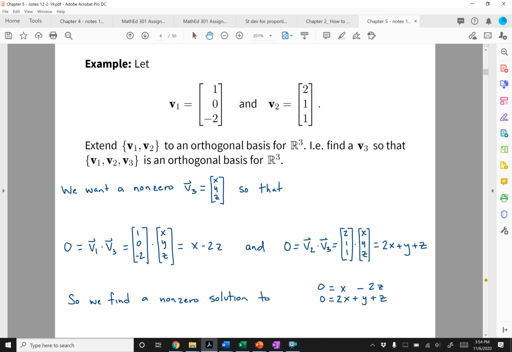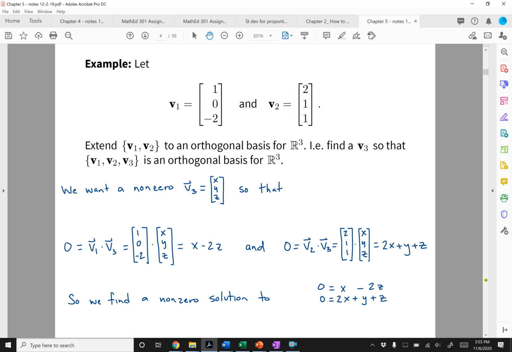Here's two vectors. We can do the dot product to verify that these are orthogonal. So you get a 2, because 1 times 2, you get 0, and you get a negative 2. When you do the products and you add those, you add 2 plus your negative 2, you get 0. We want to add another vector to this set, but we want to keep it an orthogonal basis.